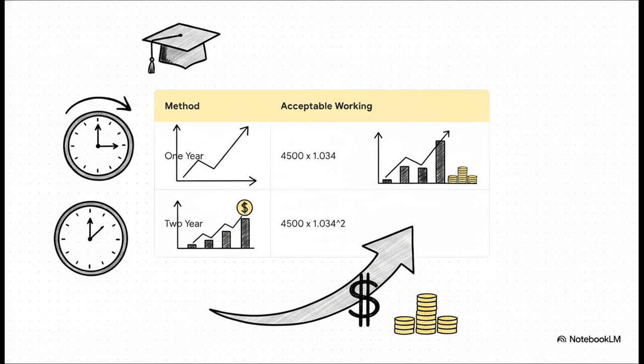Doing this calculation gives you £4,653. And guess what? That single line of working securely locks in your M1 mark. Alternatively, look at the 2-year method at the bottom there. You take the £4,500, multiply it by the 1.034 multiplier, but you raise it to the power of 2 to represent those 2 years. Writing down 4,500 times 1.034 squared also instantly secures that method mark.